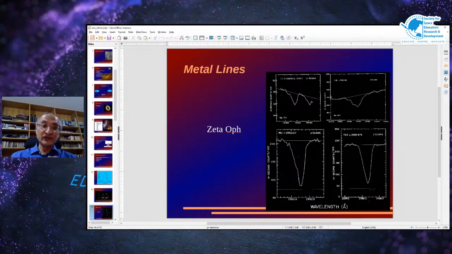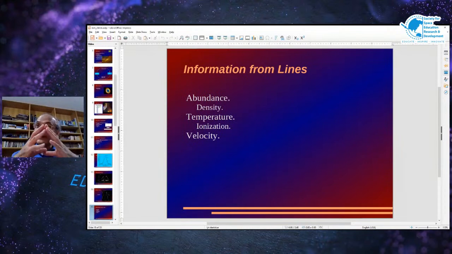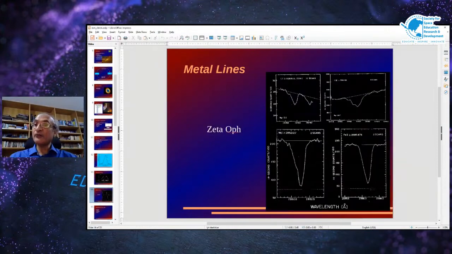And so when you're looking at these lines, what you can do is you can say how much of that element there is. So depending on how deep the line is, if it's really deep, like hydrogen, for instance, there's a lot of it. If it's not so deep, like this carbon line here, then maybe there's not so much carbon there. Or maybe it's a weak line.